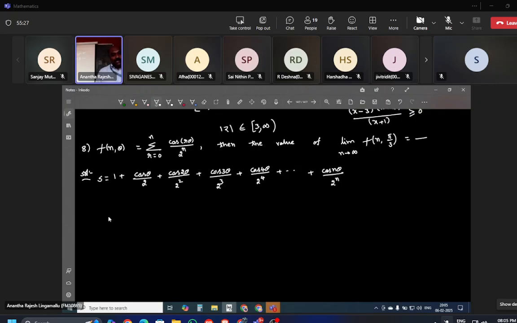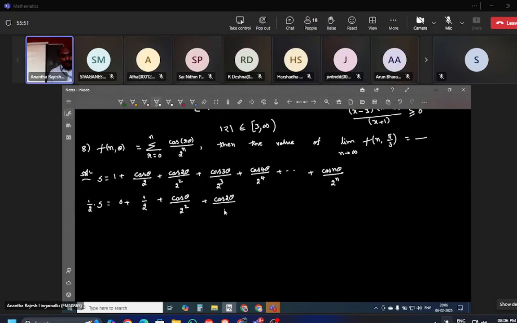So we are clueless. Let us take a guess. We know the GP ratio is 1 by 2. I'll multiply by it, so 1 by 2 into S is equal to, first term 1 by 2, plus next term cos theta by 2 square, next cos 2 theta by 2 cube, plus and so on, up to cos n theta by 2 power n plus 1.